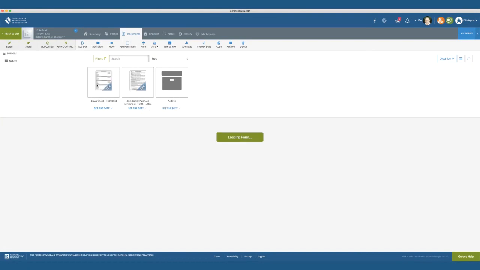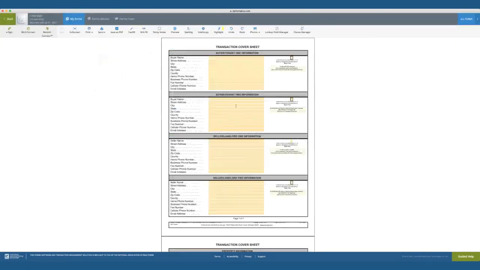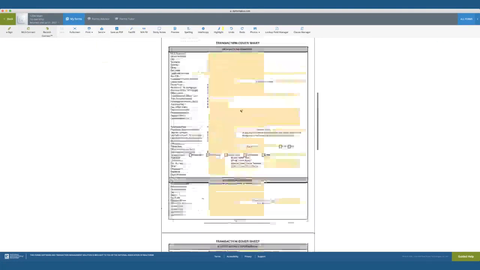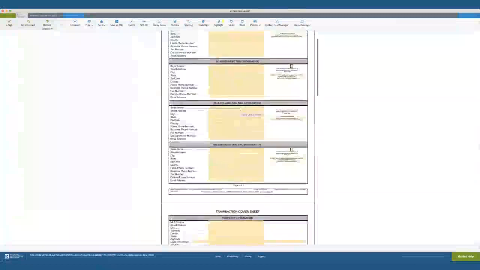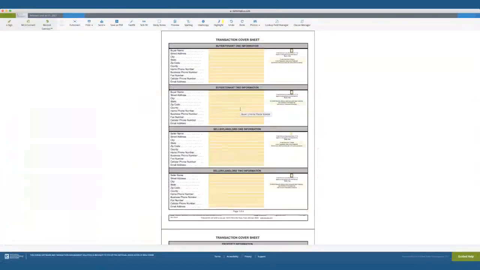So now it's going to open a window with your documents, and those documents are already there. You open the cover sheet, and the cover sheet already has that information that is in every offer that you write. So you don't have to go back and put that in.